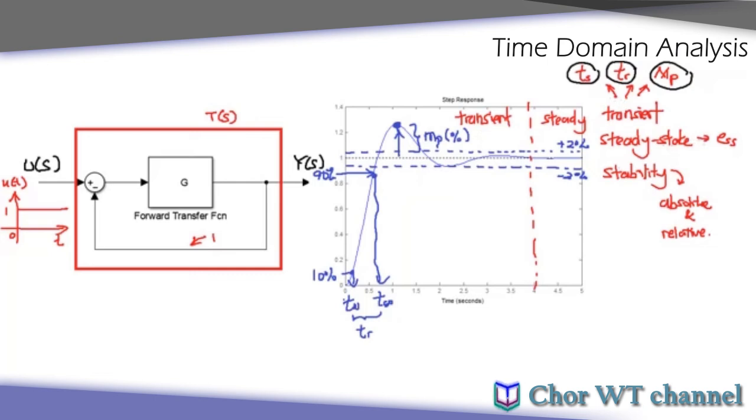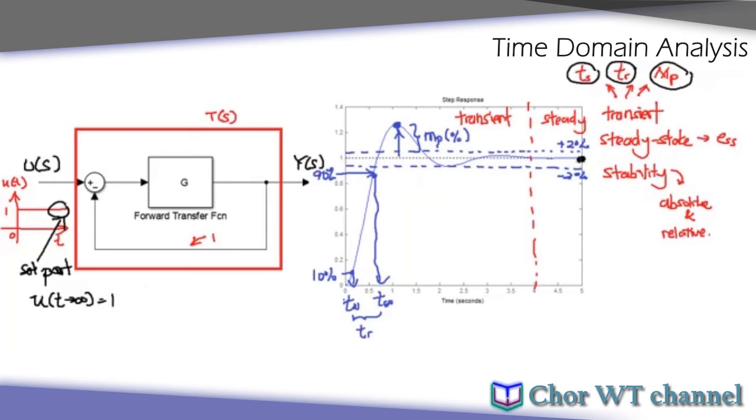As for the steady state, we are looking at the difference between the final output and the set point. The set point is here, this is my set point, or basically my input. The set point u(t) as t approaches infinity is 1, and at this point my y(t) as t approaches infinity is 1.